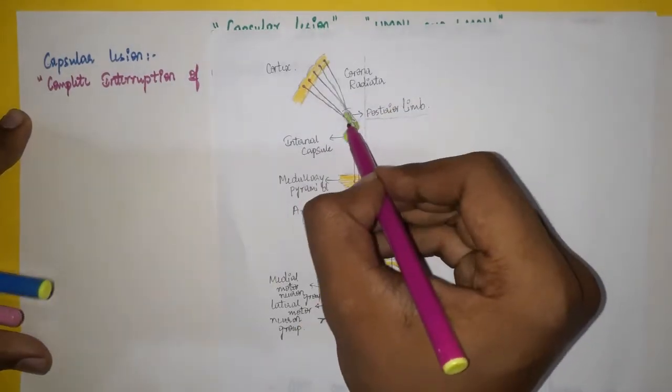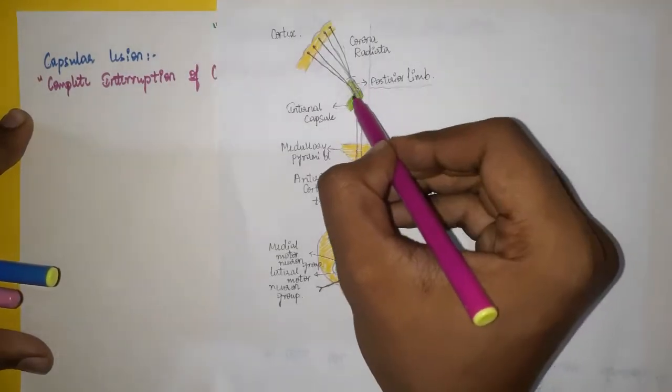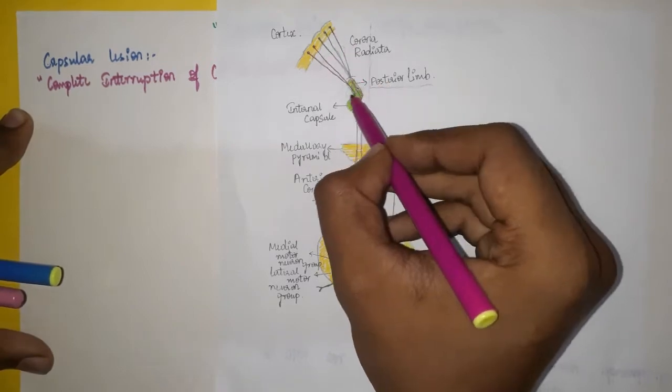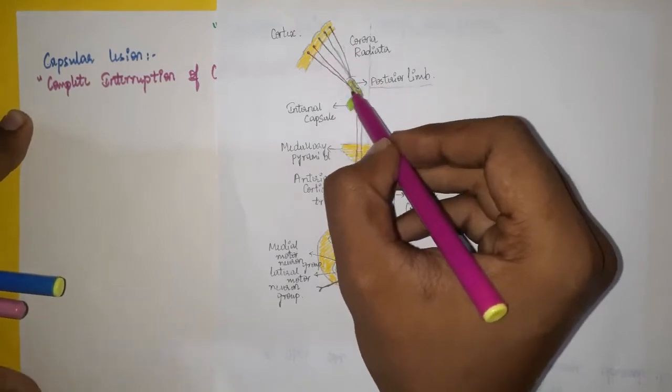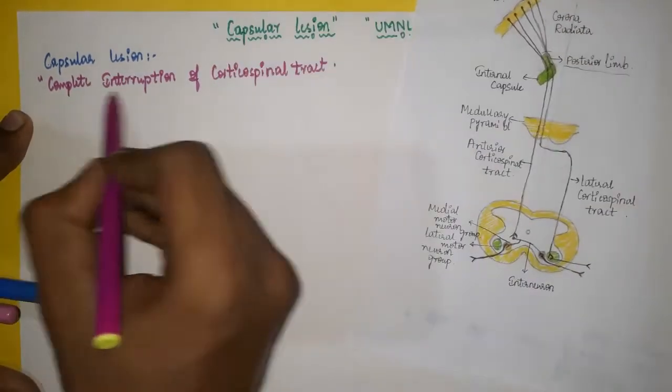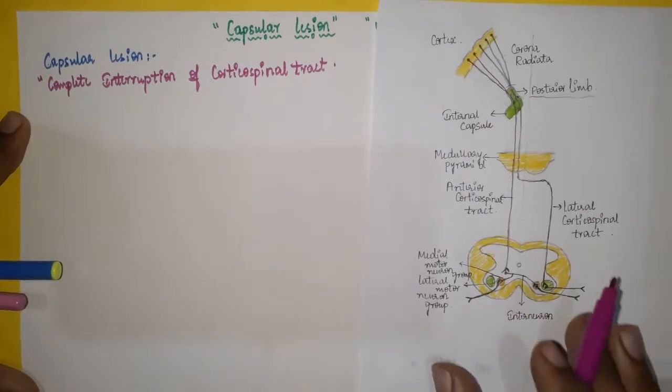Same, if this is damaged, in this area all the fibers are converging, then these fibers will also be damaged. Simple. There is complete interruption of corticospinal tract.